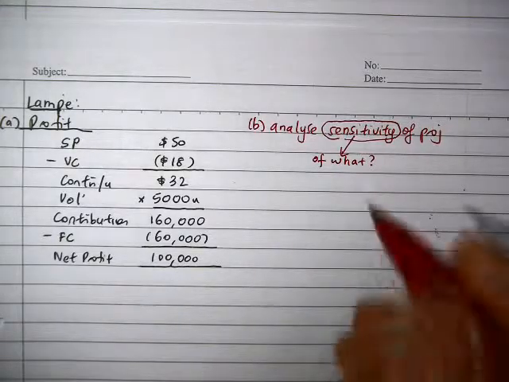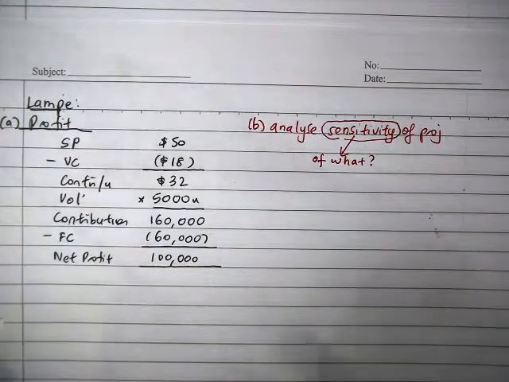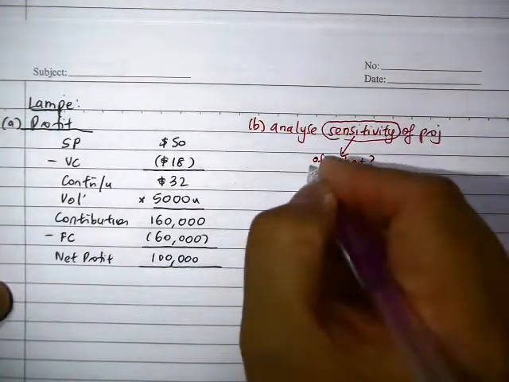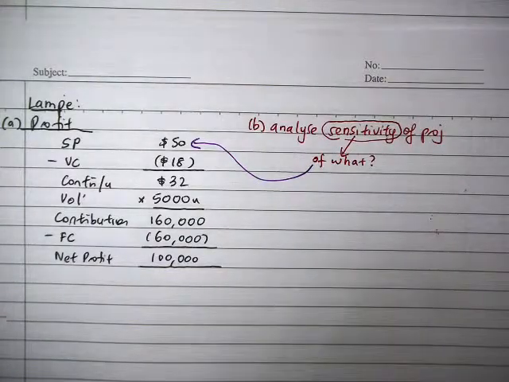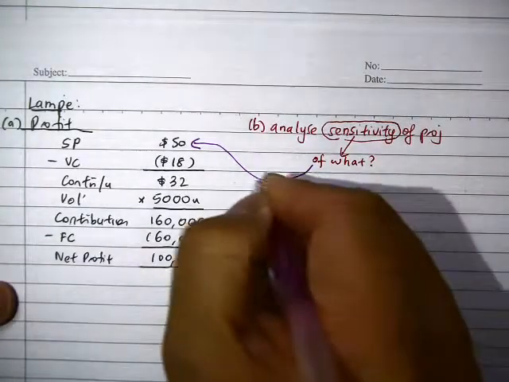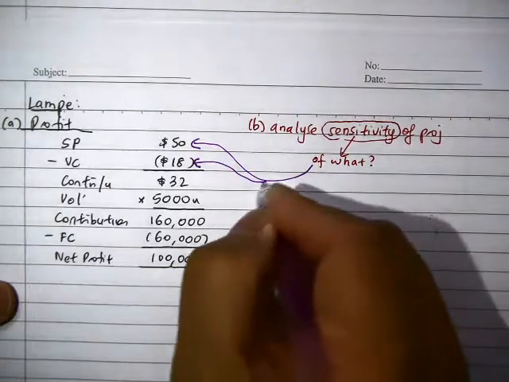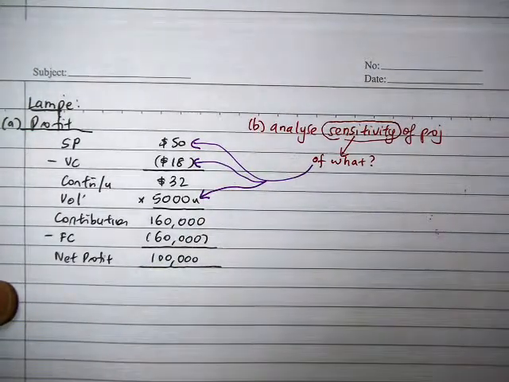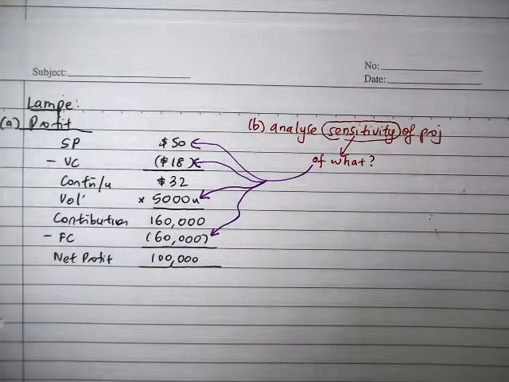For example, it can be sensitivity of selling price, sensitivity of your variable cost, sensitivity of your volume, or sensitivity of your fixed cost. So when you say sensitivity, you cannot just say sensitivity; it's sensitivity of what?